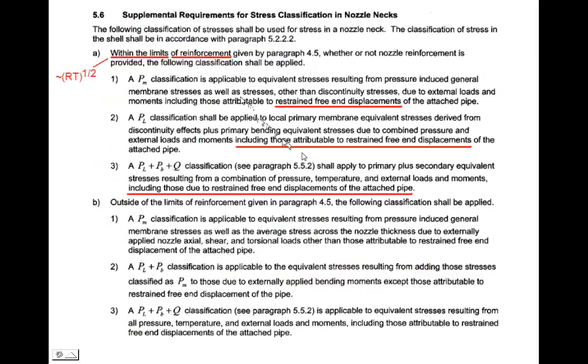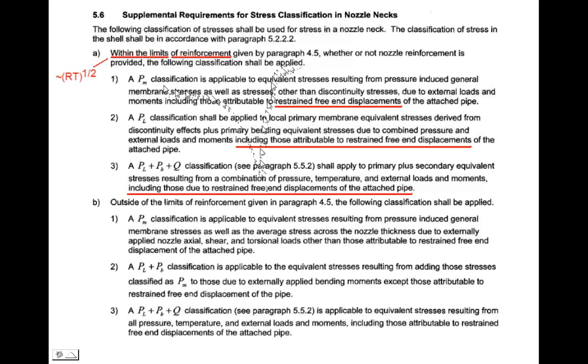If I go to the Section 8 Division 2 2007 code to try to answer that question, within the limits of reinforcement given by paragraph 4.5, which is essentially some function of the root of RT, we have 3 requirements.